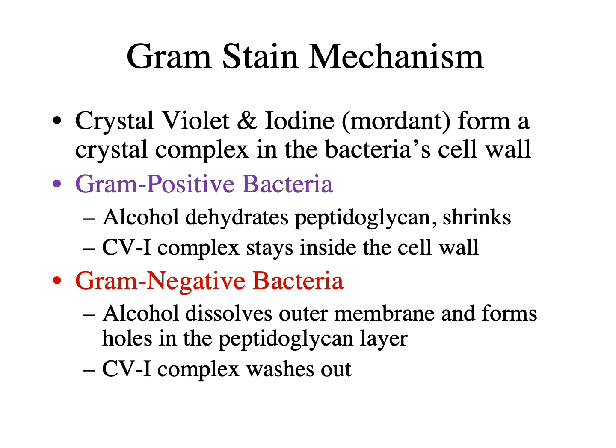When you use the decolorizer, it will poke holes and kind of disintegrate those lipid membranes that are surrounding the peptidoglycan in a gram-negative bacteria. So the crystal violet iodine complex that hasn't formed a very strong bond will rinse out of gram-negative bacteria.